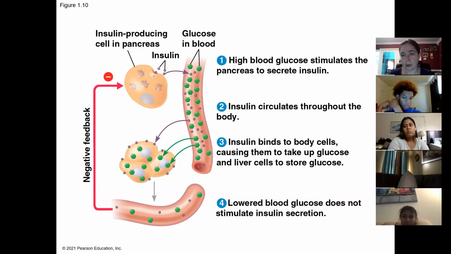Lowering levels of glucose in blood. If glucose levels drop, the same feedback regulation works: another hormone called glucagon is released. Glucagon basically releases glucose from storage, restoring the balance.